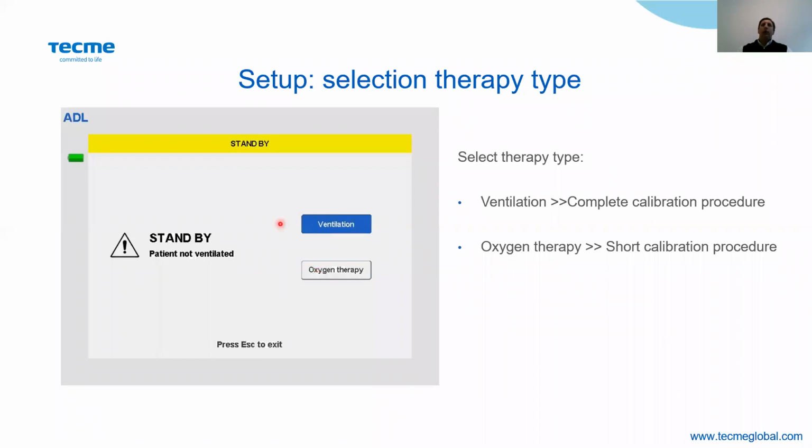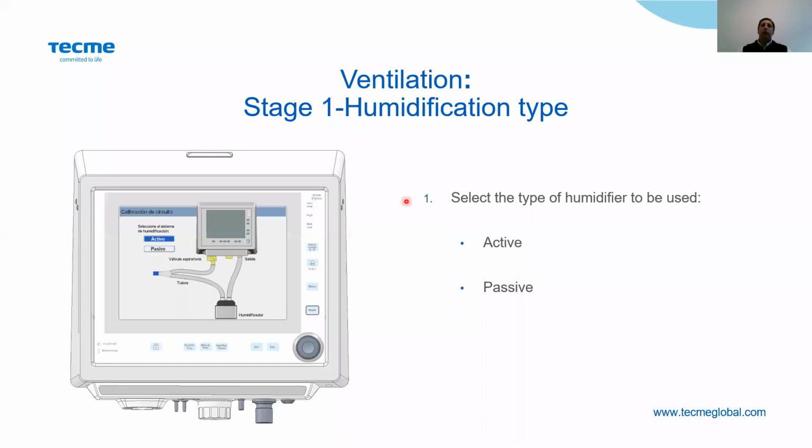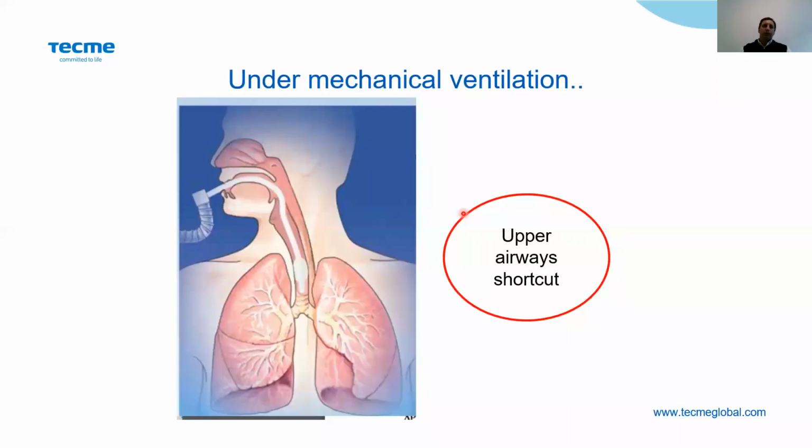In normal ventilation, we are going to do a complete calibration procedure that I'm going to show you right now. As soon as you select ventilation, the machine will ask you which type of humidifier you are going to use: an active humidifier or a passive humidifier. Why is this an obligation?